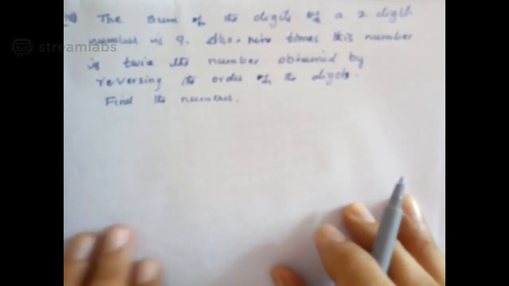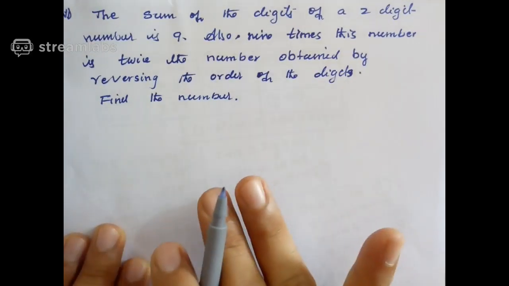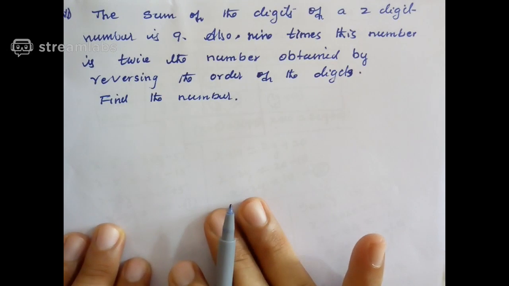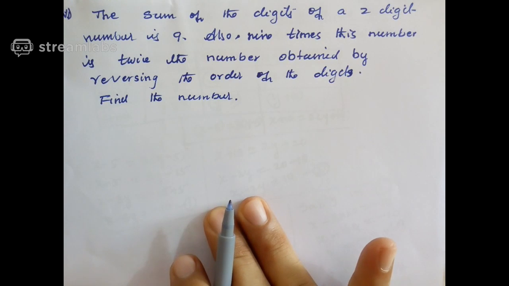See here, this is the problem. The sum of the digits of a two-digit number is 9. Also, 9 times this number is twice the number obtained by reversing the order of the digits.